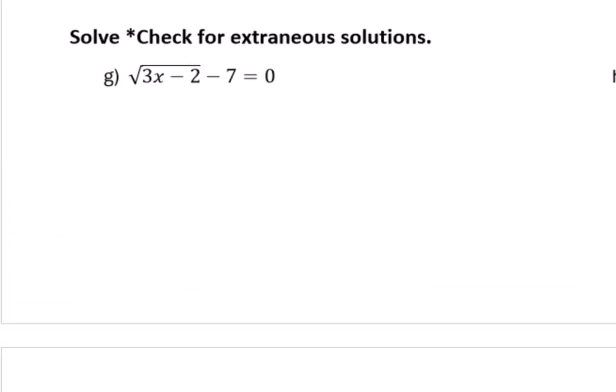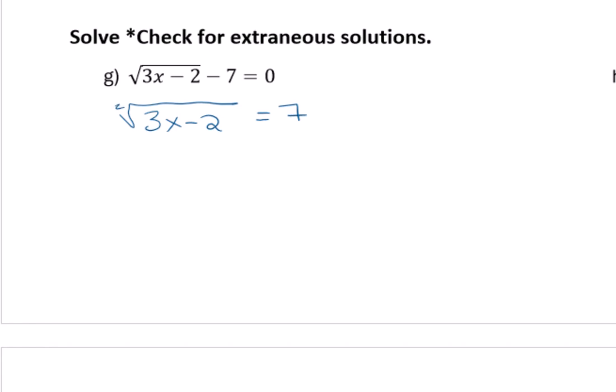When solving equations that involve those radicals, those roots, we want to be sure and check that the solutions work because we can come up with extraneous solutions, basically extra solutions. So in example G, we can add 7 to both sides. That leaves us with the square root of 3x minus 2 equals 7.